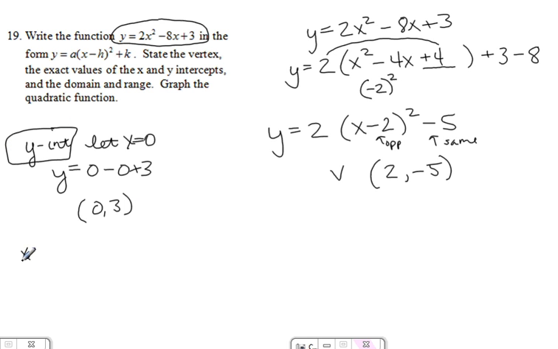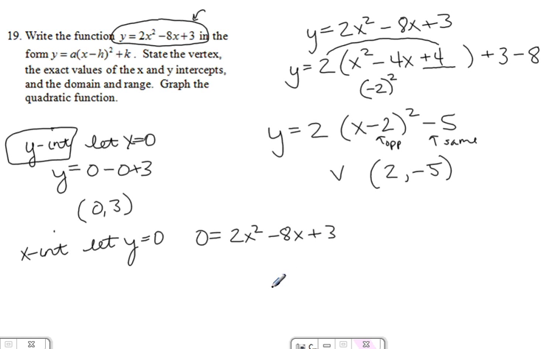To find the x-intercept, we would let y equal 0. When you let y equal 0, again, I'm going to go back to this form before we put it in standard form of a parabola. So that would be 0 equals 2x squared minus 8x plus 3.